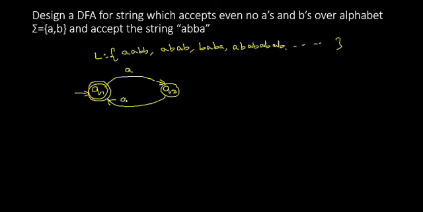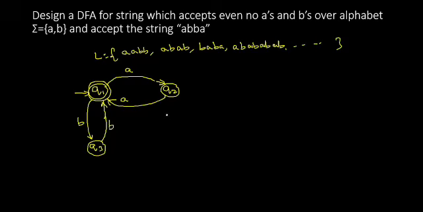That means an even number of A's is getting accepted. Now what do we have to do for an even number of B's? I will make Q3 here. When I give the first B, it should come to this state, and when I give the second B, it should come back to the final state.